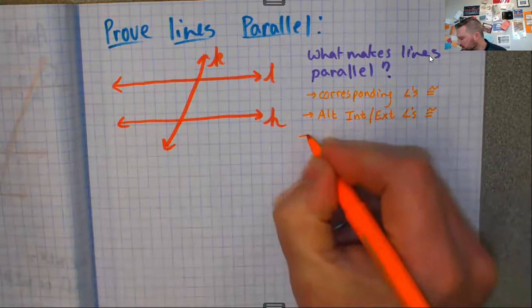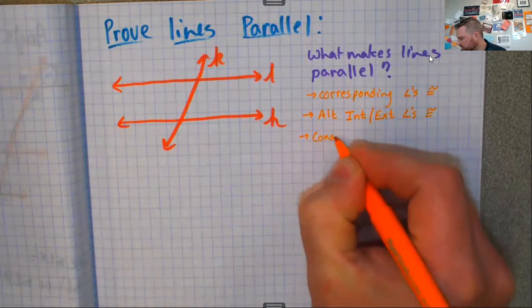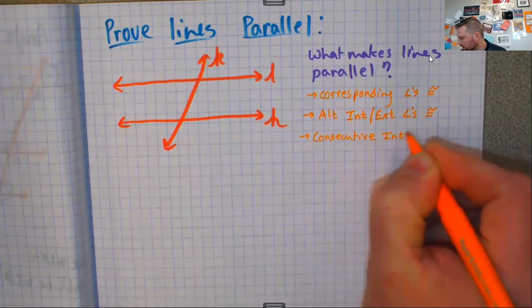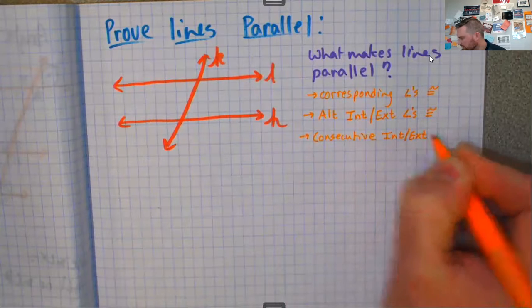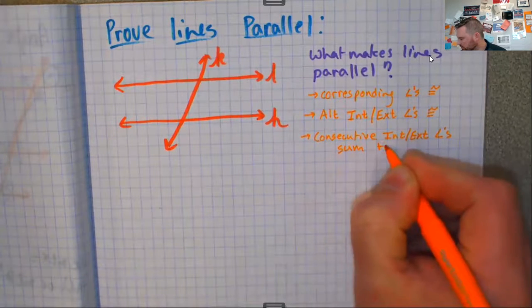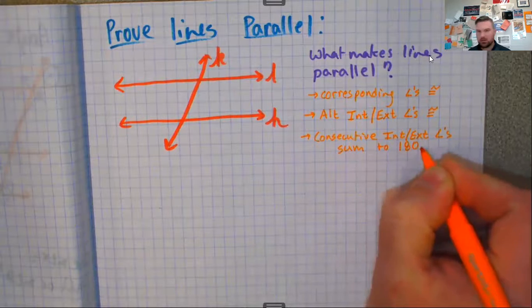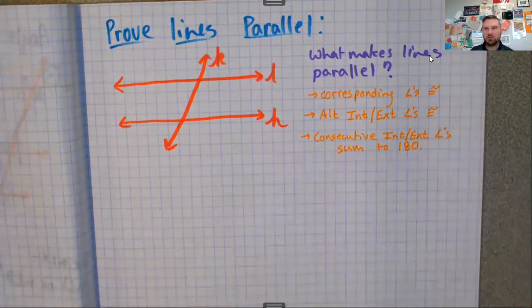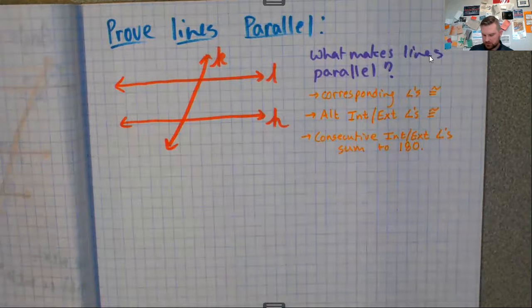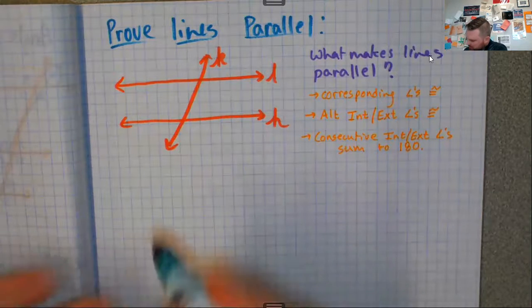And lastly, if your consecutive interior or exterior angles sum to 180, then your lines are parallel. So let's look at a couple examples here.